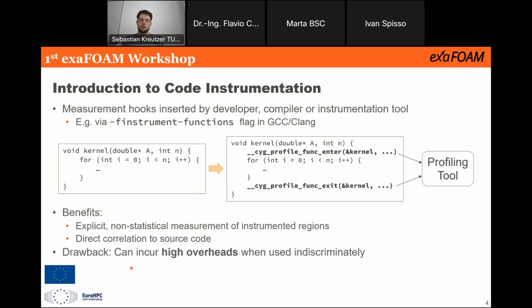The drawback is, although the probes themselves are kind of low overhead, if everything is instrumented, then it adds up and it can incur a very high overhead. So you have to make sure that you measure only parts that you're interested in, and there are different ways you can achieve that.